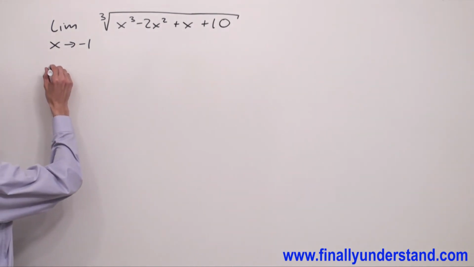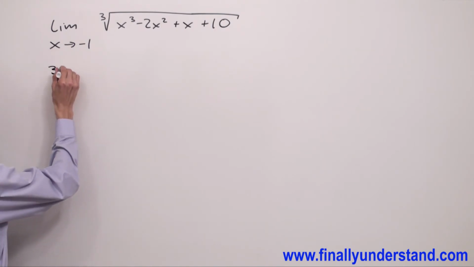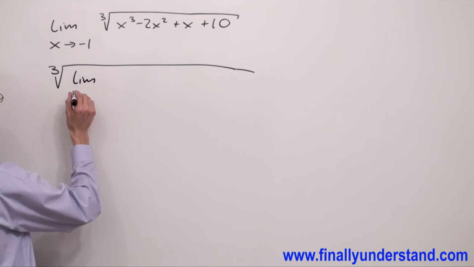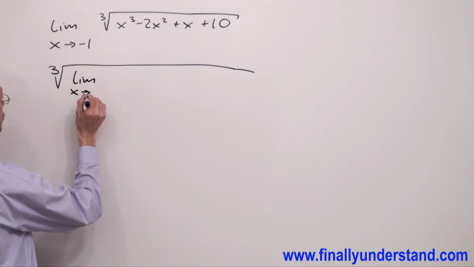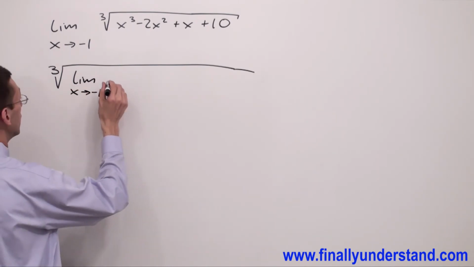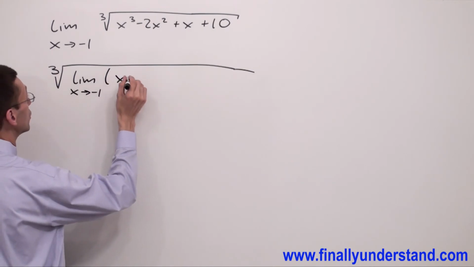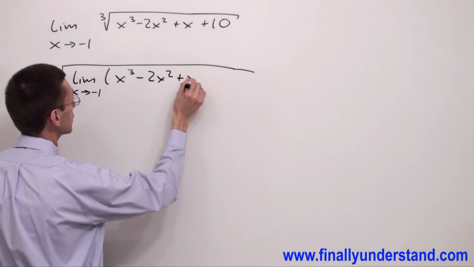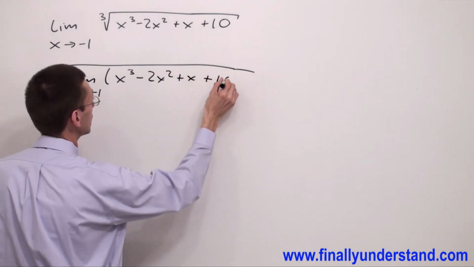So I have the cube root of the limit as x goes to -1 of x cubed minus 2x squared plus x plus 10.